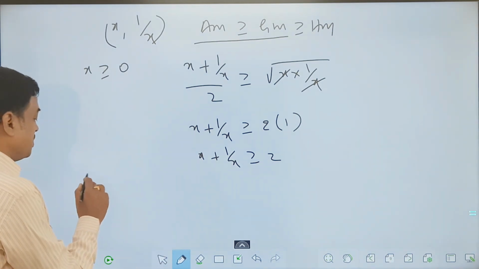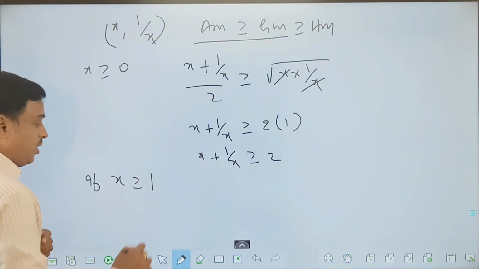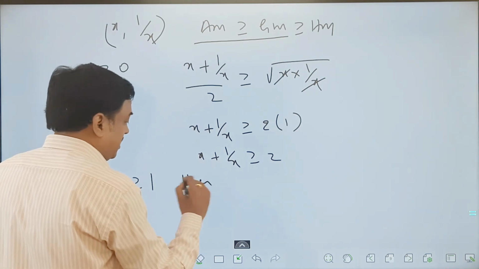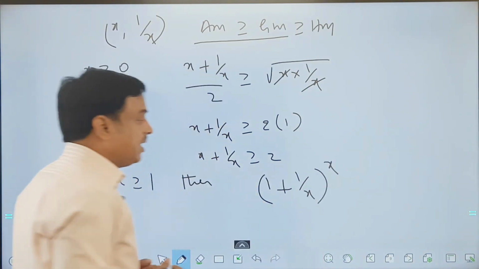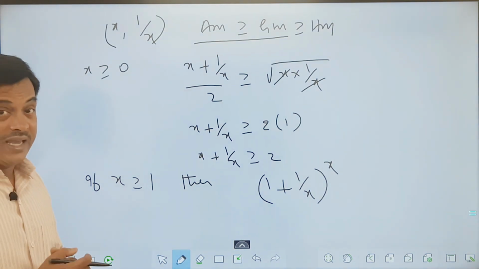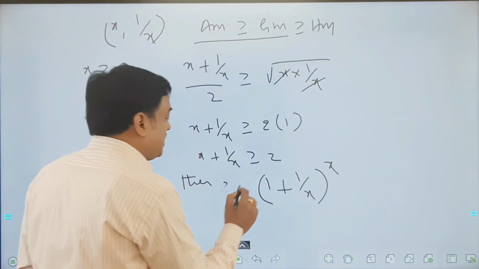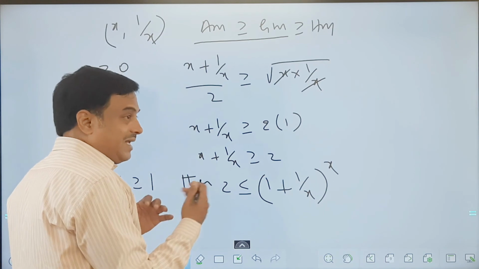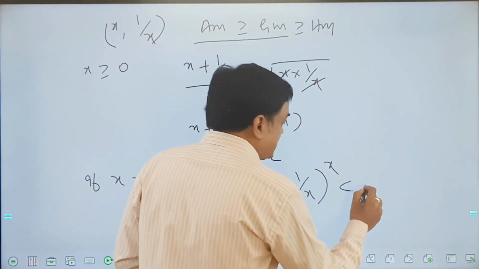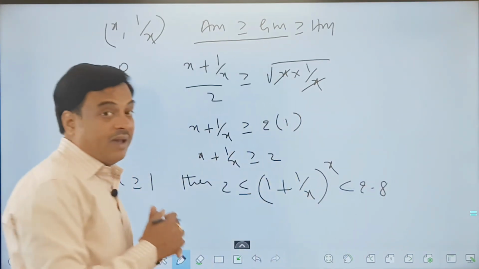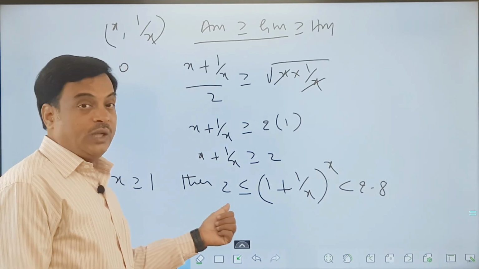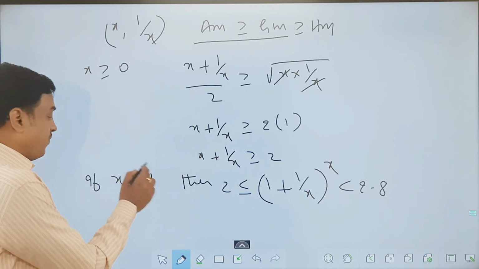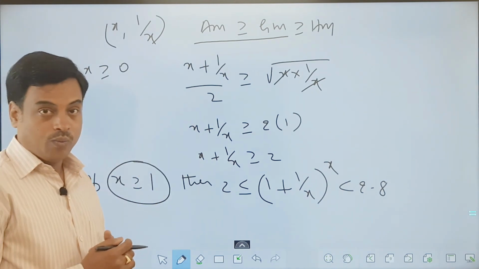And a similar condition: if x is greater than or equal to 1, then (1 plus 1 by x) whole to the power of x will always be less than or equal to 2 and less than 2.8. That means the maximum value will fall short of 2.8 and the minimum value will be 2 for all values of x greater than or equal to 1.